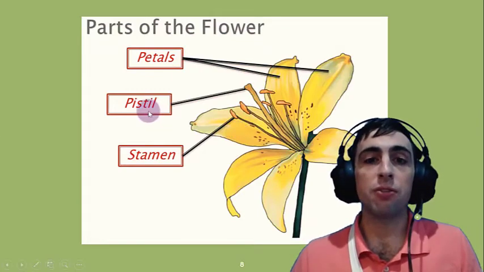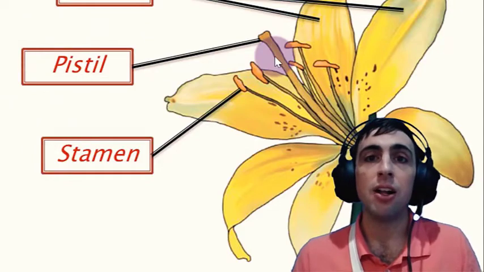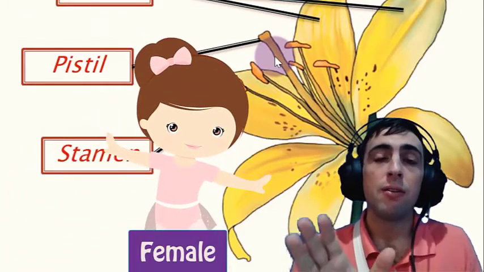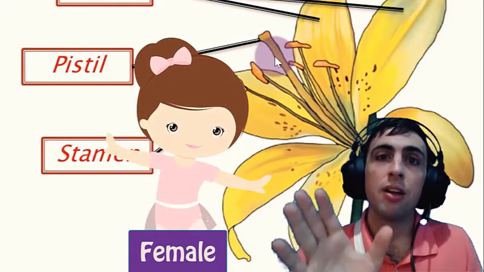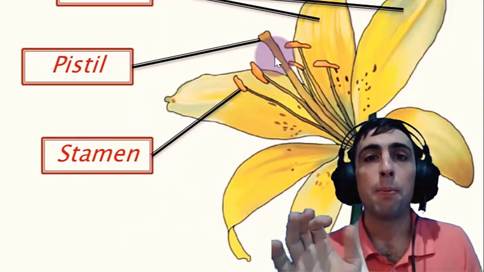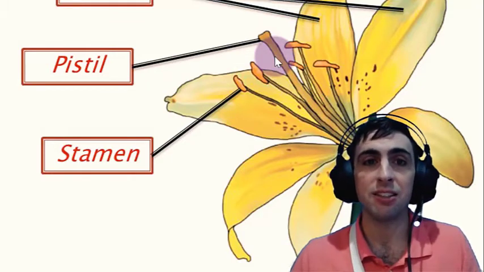The next part of the flower is the pistil. We see it in the middle right here. This is the female part of the plant. Female means girl or woman. The female part of the plant, the pistil, produces seeds. It makes seeds.